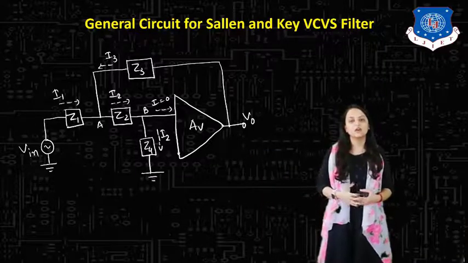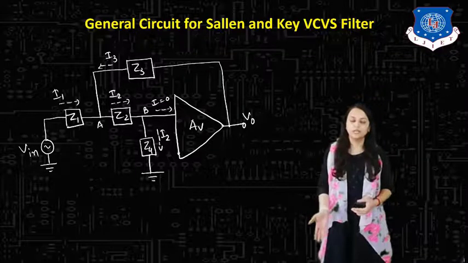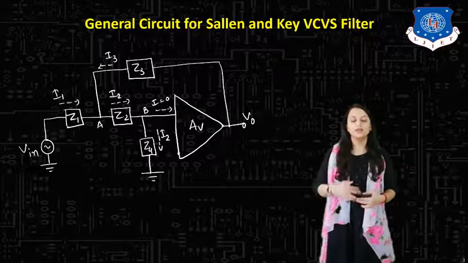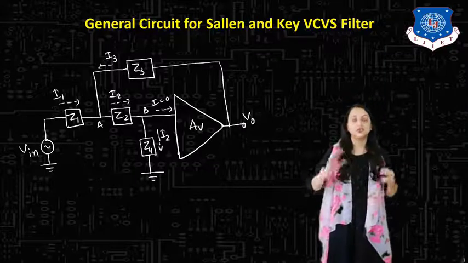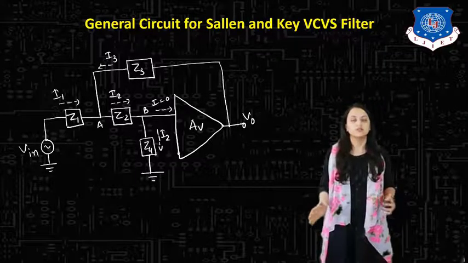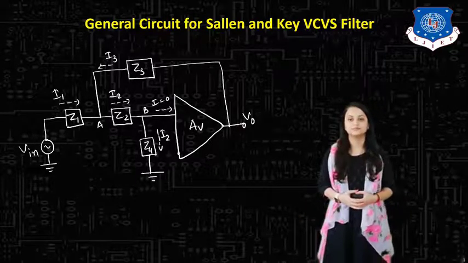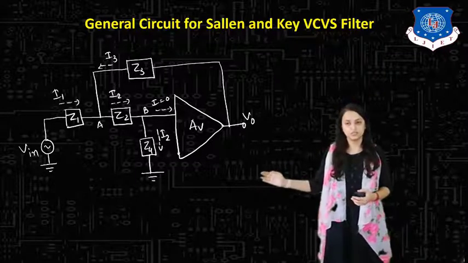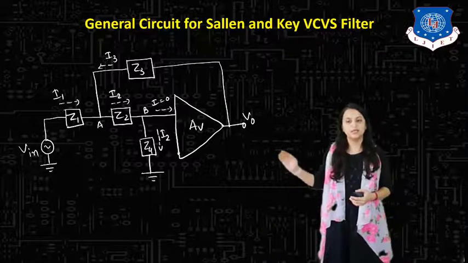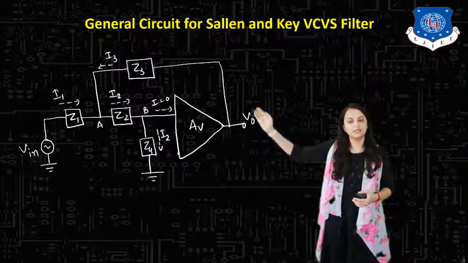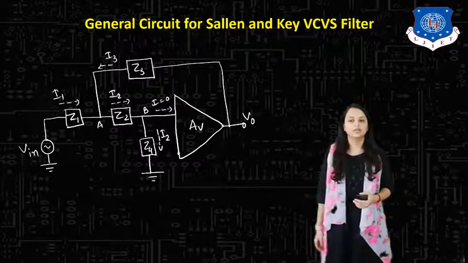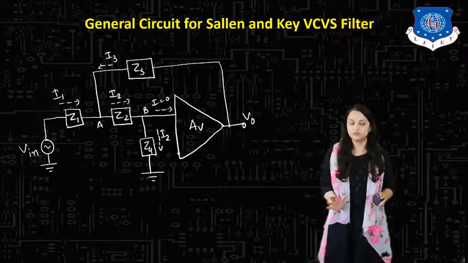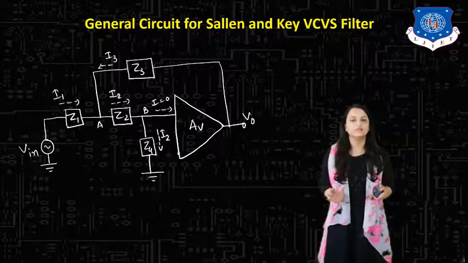Based on the arrangement of different components, whether they are resistances or capacitors, low pass filter, high pass filter or some other configuration for Sallen-Key filters are designed. Here Z1 is directly connected to the source, then Z2 is there, in the feedback Z3 element is there, and Z4 is connected with ground. So, this is the general circuit which we are going to use for Sallen-Key VCVS filter.